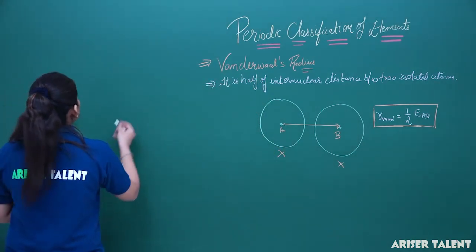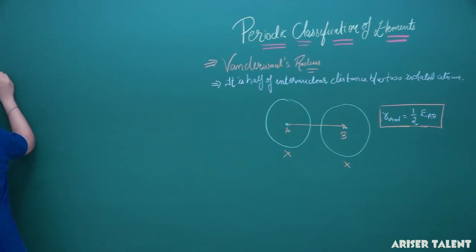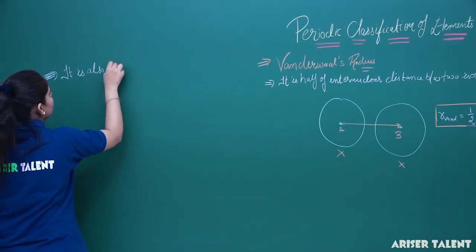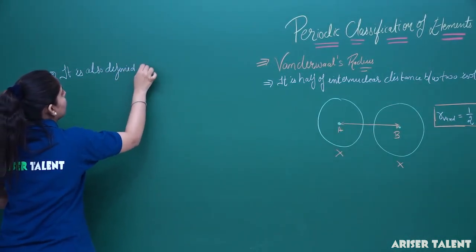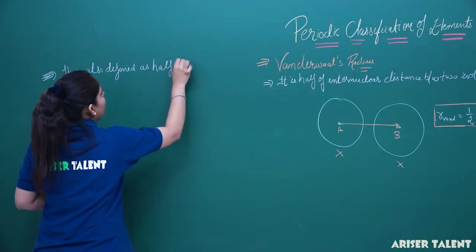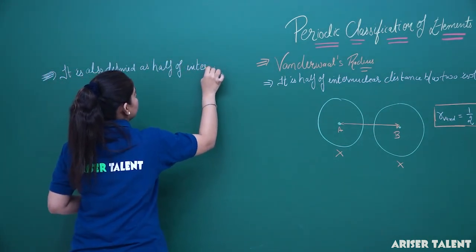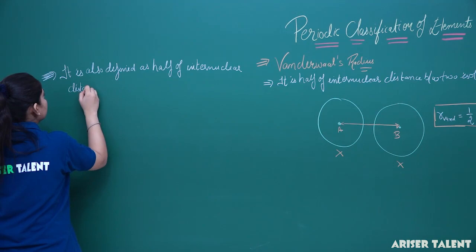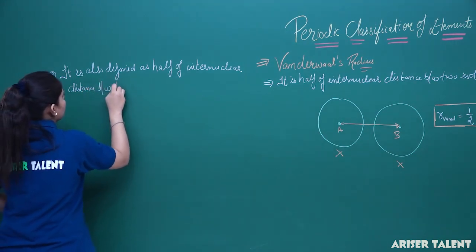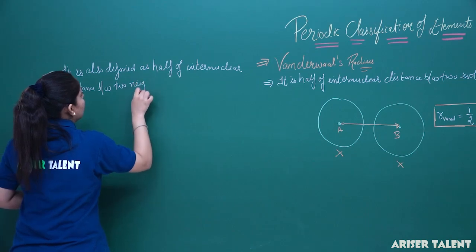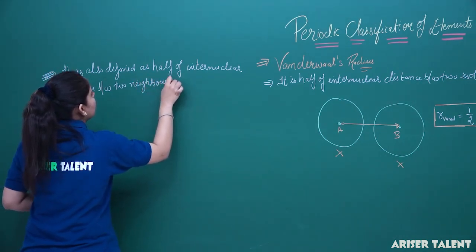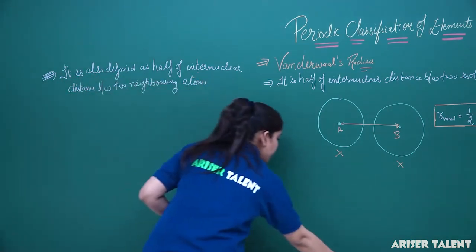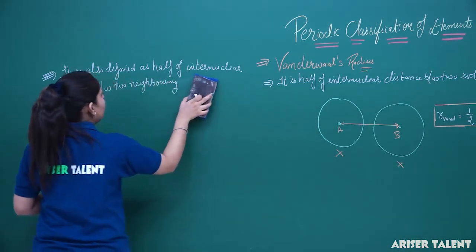So we can say that it is also defined as half of the internuclear distance between two adjacent atoms of a neighboring molecule of an element.